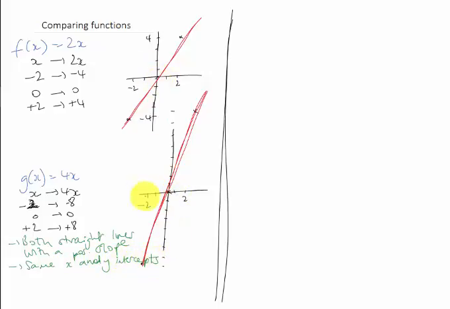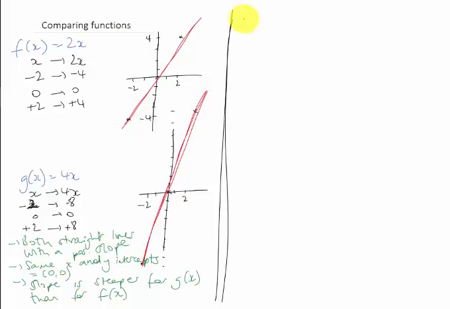So in this case, it intercepts both axes at 0. However, the slope is steeper for g than for f. I think those are the main points that we can pick up from comparing those two functions.